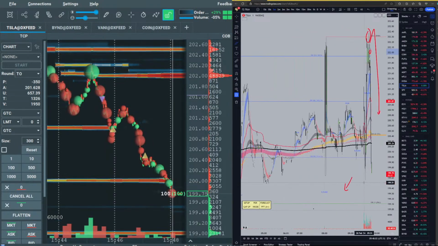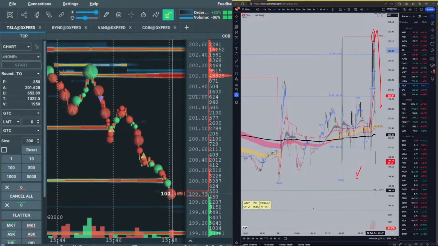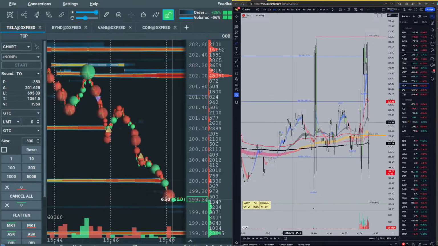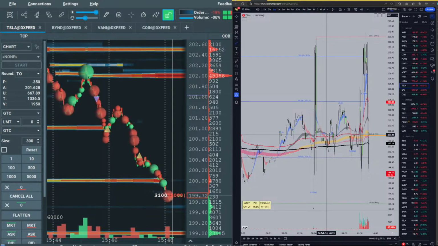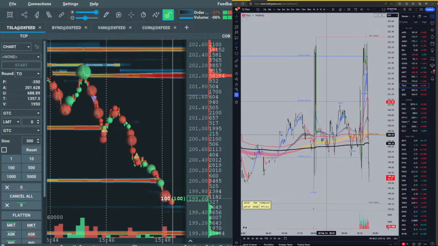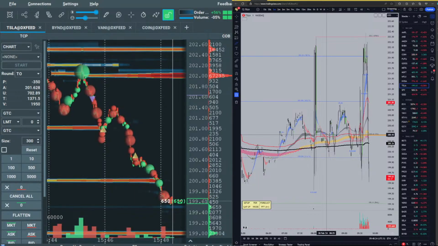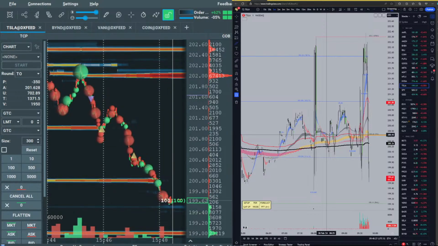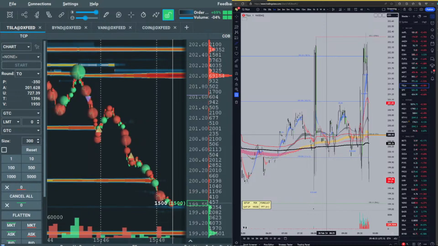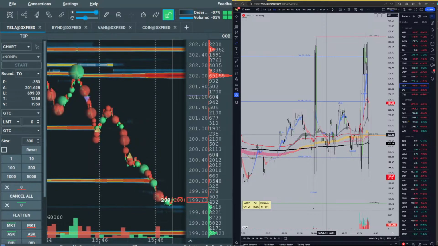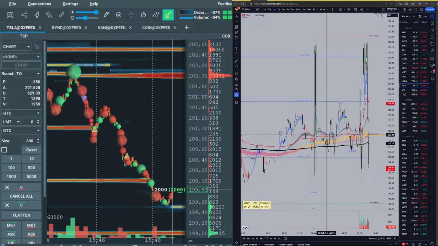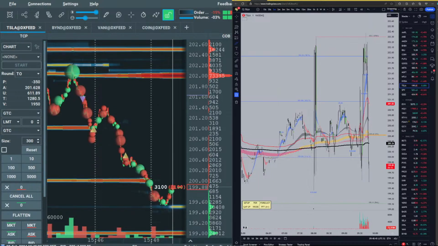And now we're looking for new lows over here. So we're looking for that dip into the 199. Okay, so beautiful FFT. So good play.